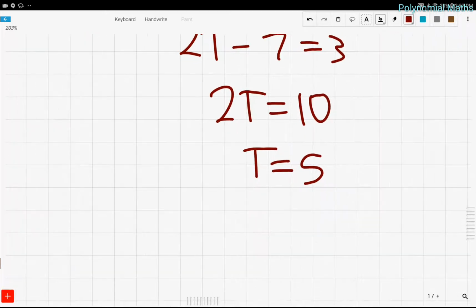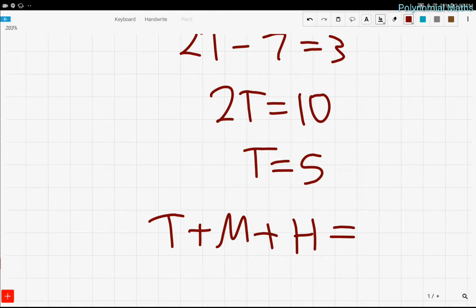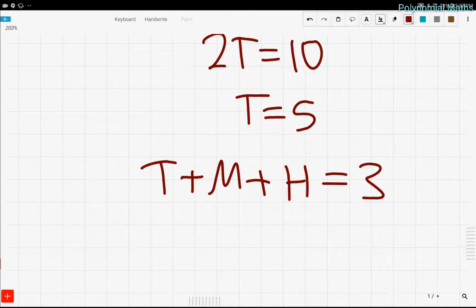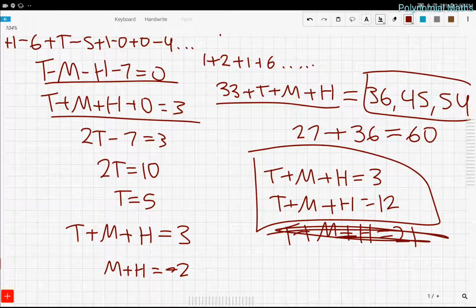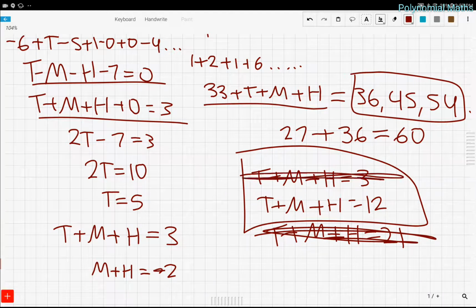But if T equals 5, and T plus M plus H equals 3, then M plus H is negative 2, which is impossible because T, M, and H are all nonnegative digits. Therefore, we have a contradiction, and T plus M plus H equals 3 is not possible.